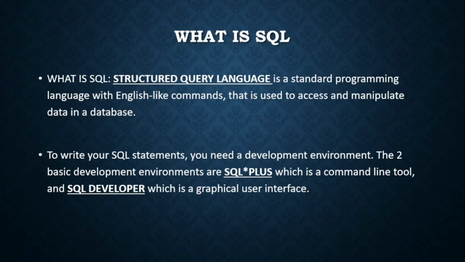SQL is actually an acronym for Structured Query Language. And this language is a standard programming language with English-like commands that is used to access and manipulate data in a database. It's so easy to understand, it's so easy to learn because the commands are written in English readable form.